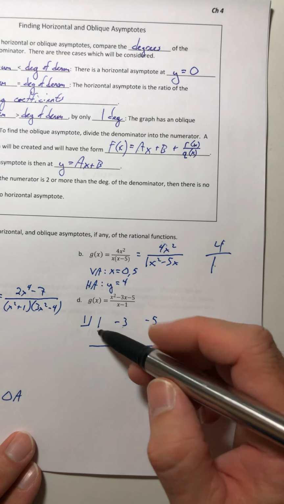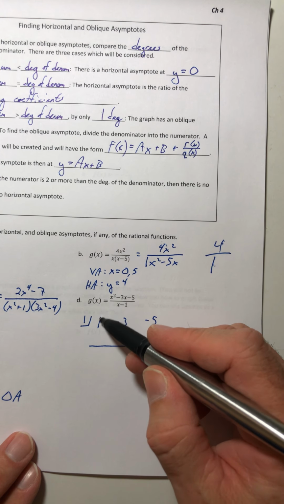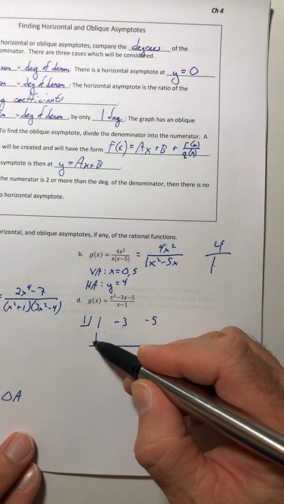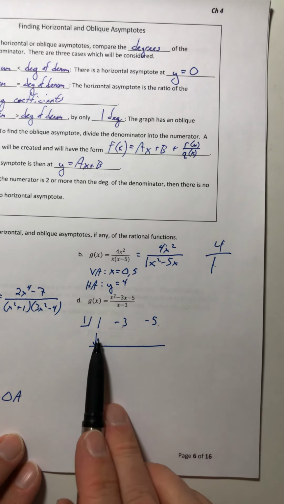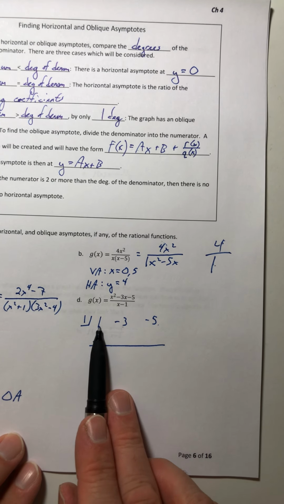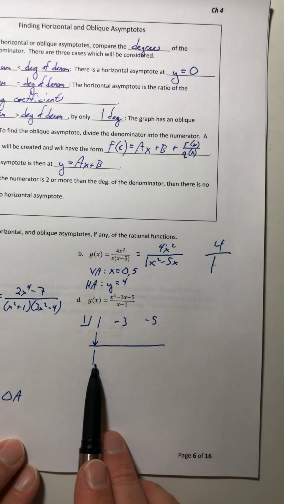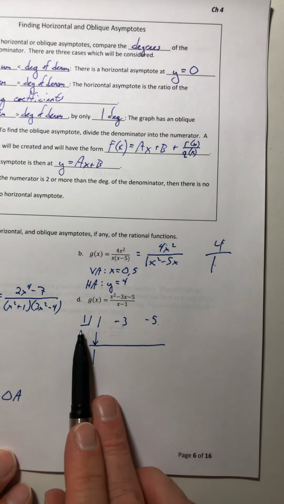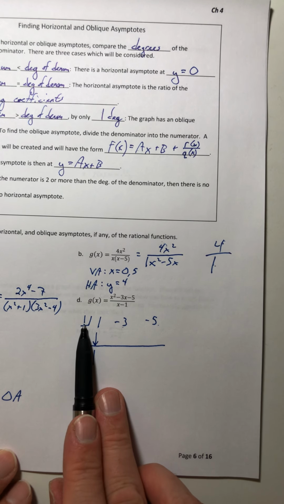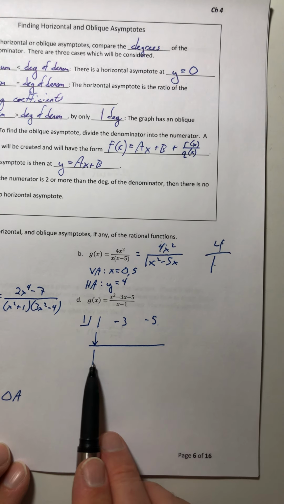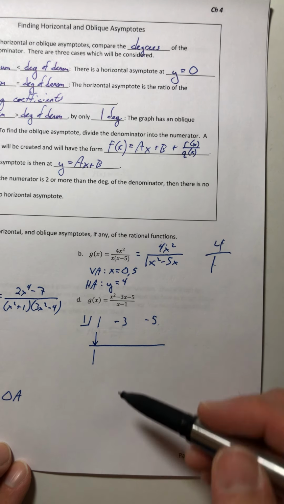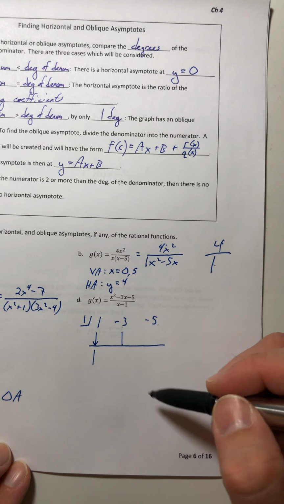Okay, so the process is whatever this first number is here, you're just going to drop it down below the line. Doesn't matter if it's a 1, a 17, 108, just drop it down. Once you drop it, you're going to take this number, multiply it to this number over here inside that little box thing. So 1 times 1 is 1, and you're going to write it in the next column.